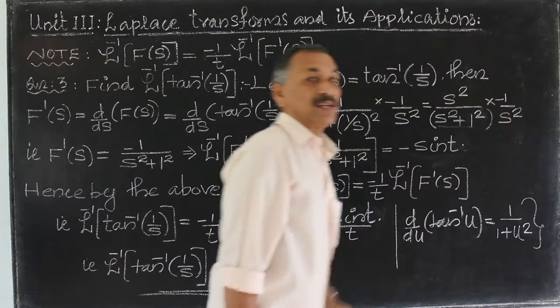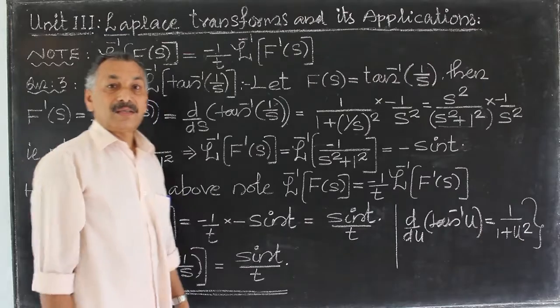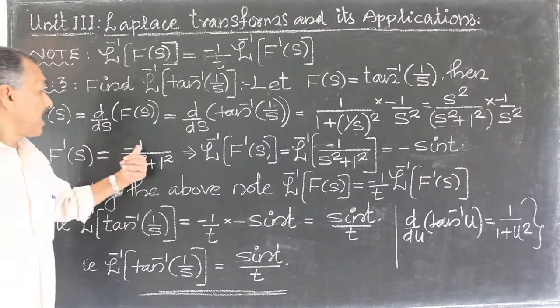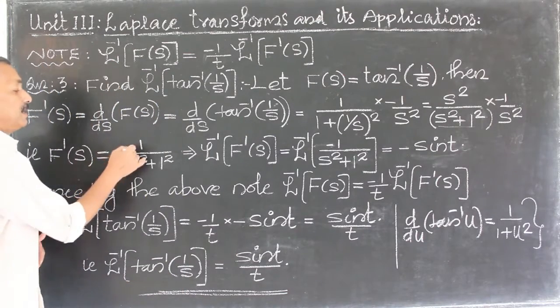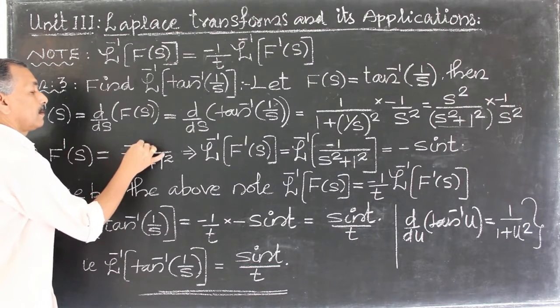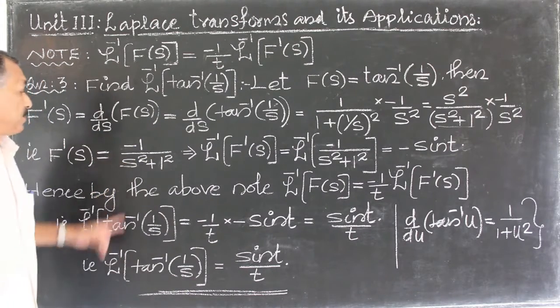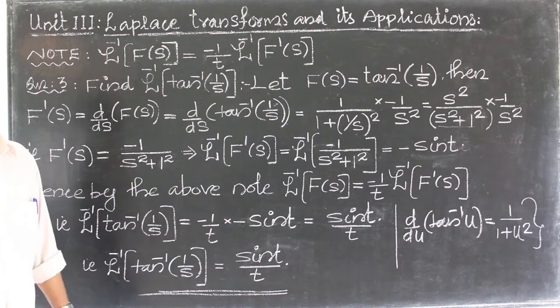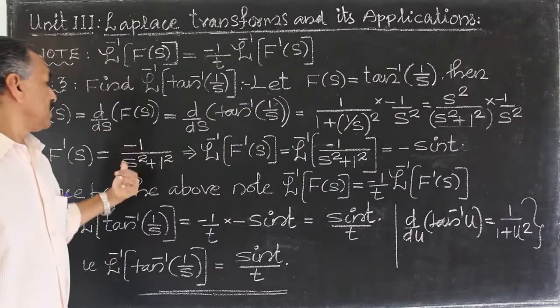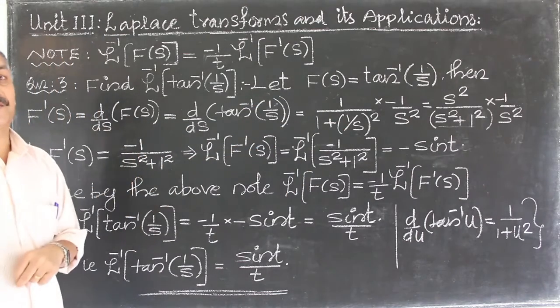The s square cancels. So f dash s is equal to minus 1 divided by s square plus 1. So f of s is tan inverse 1 by s, and f dash s is minus 1 divided by s square plus 1.